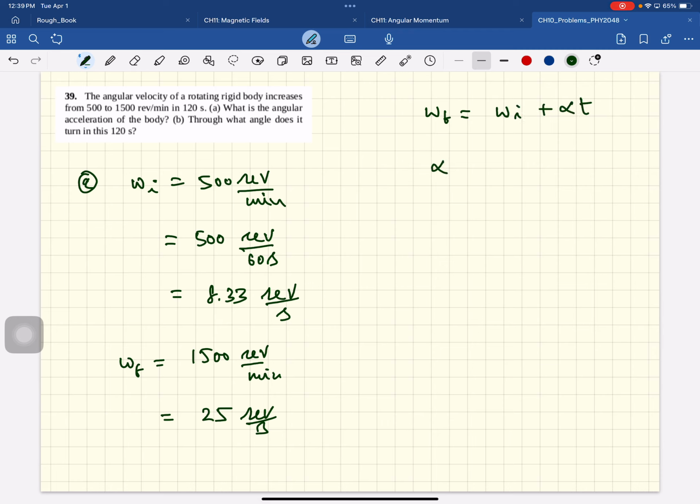Okay, alpha, the angular acceleration, is omega final minus omega initial divided by t, which is 25 minus 8.33 revolutions per second divided by 120 seconds.